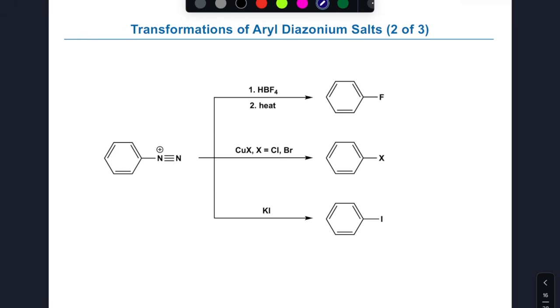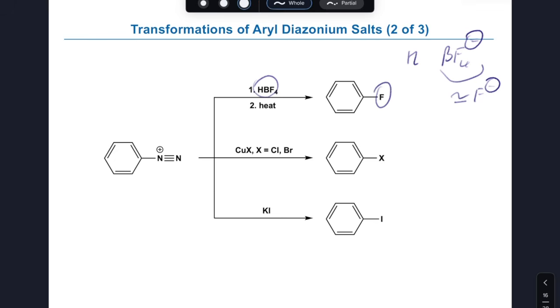If you need to add fluorine, you would use a molecule like HBF4. You can think of HBF4 as a proton and BF4 minus. This is equivalent to basically F minus as a donor. It happens through decomposition at the boron center, but effectively it allows you to substitute nucleophilic fluoride into a center.